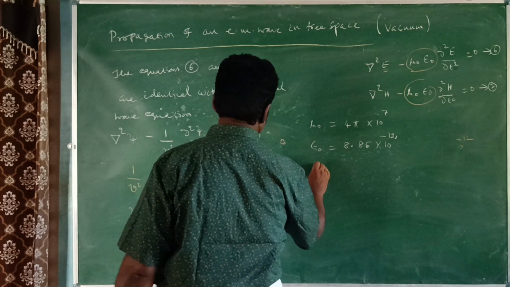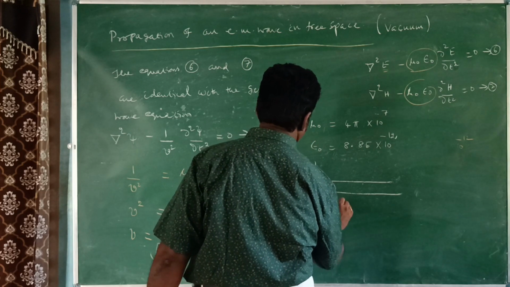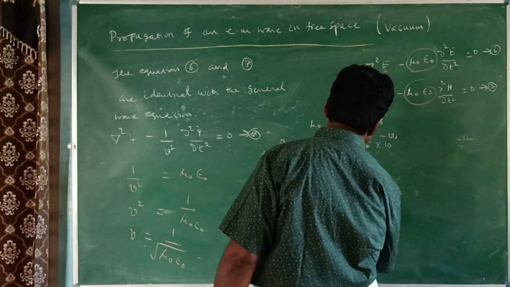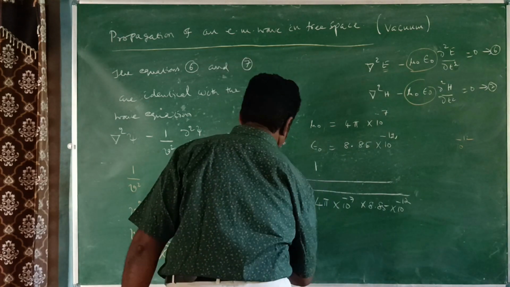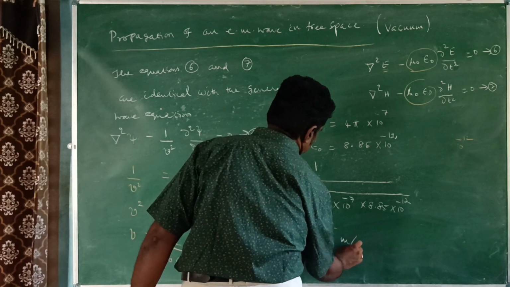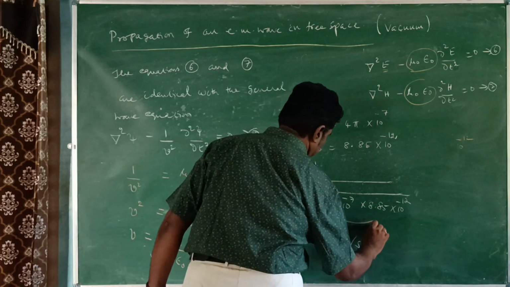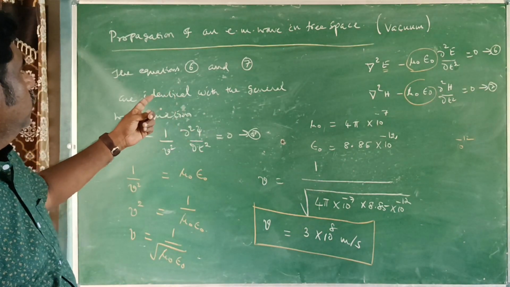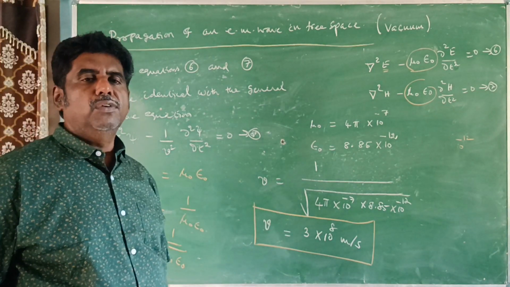If you substitute these values in the equation, 4 pi into 10 power minus 7 into 8.85 into 10 power minus 12 inside the root, you get the value of 3 into 10 power 8 meter per second. Say this is equal to the velocity of light. Suppose an electromagnetic wave is passing through free space, its velocity is equivalent to the velocity of light.